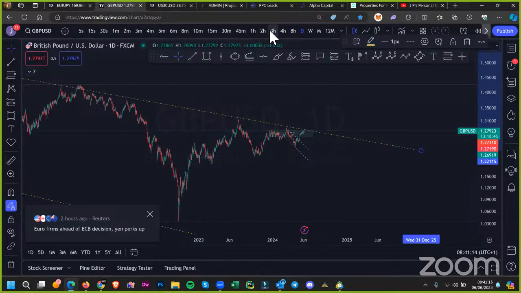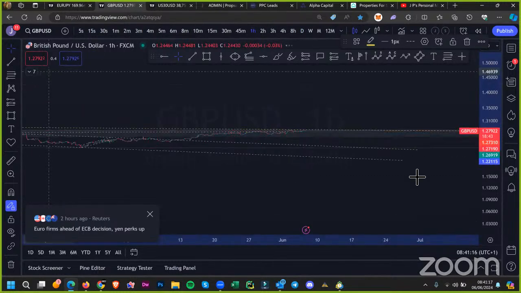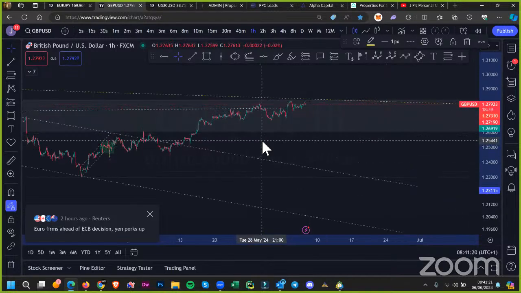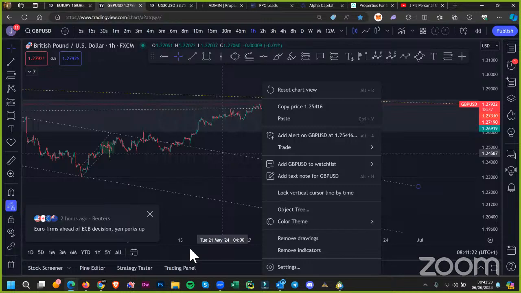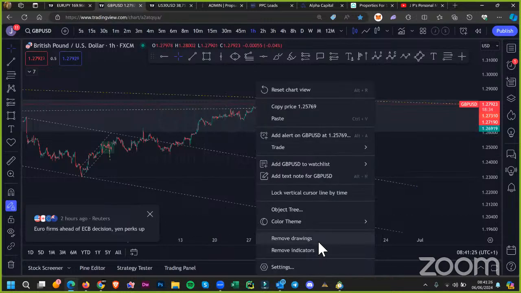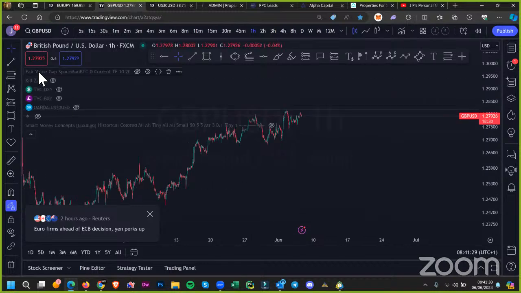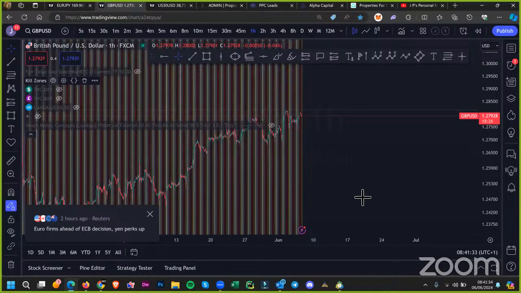Now for this, I also want to align this with understanding sessions, because more times out of 10 these things are happening in certain sessions. Now, if you can see, I've just triggered something called kill zones. You can find this in your indicator list.